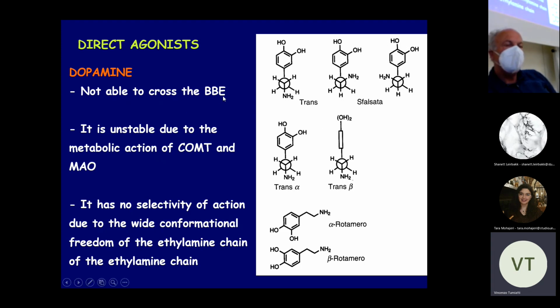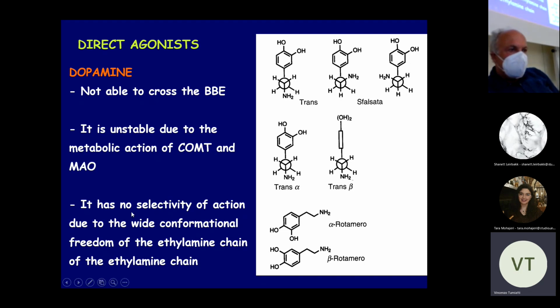Sorry, it's BBB. Another point is that dopamine is unstable, can be metabolized by MAO, monoamine oxidases, and catechol-O-methyltransferase. These two classes of metabolic enzymes.